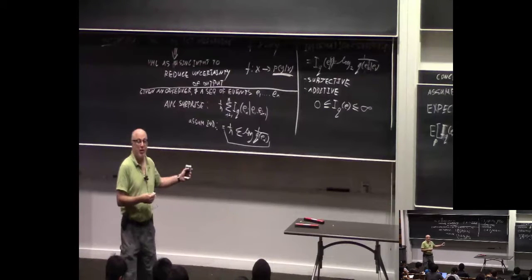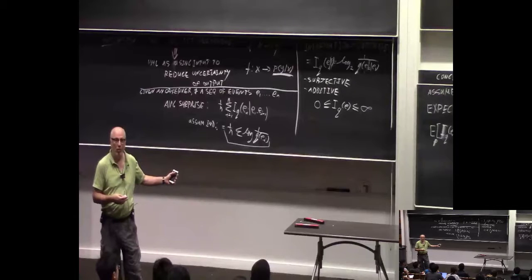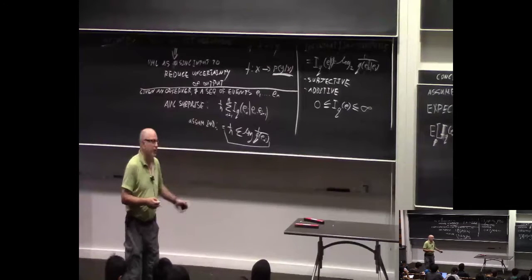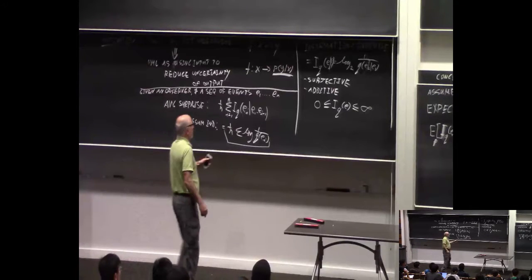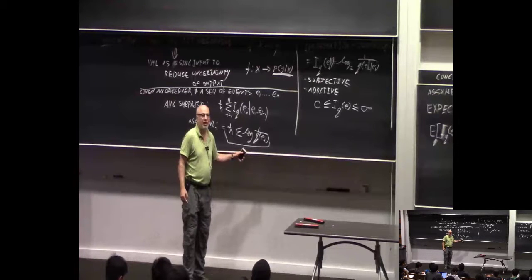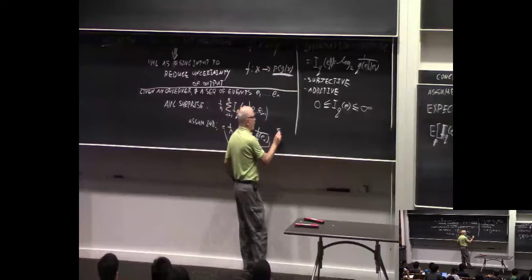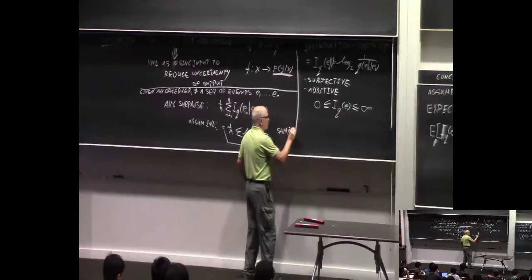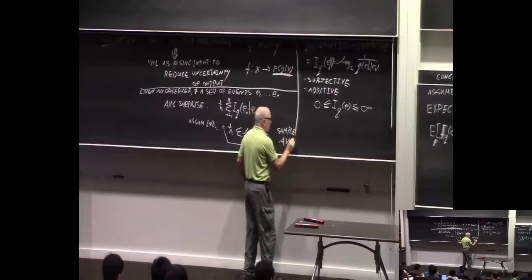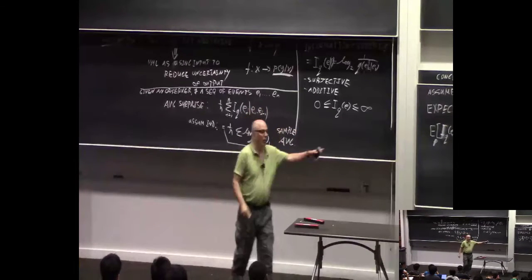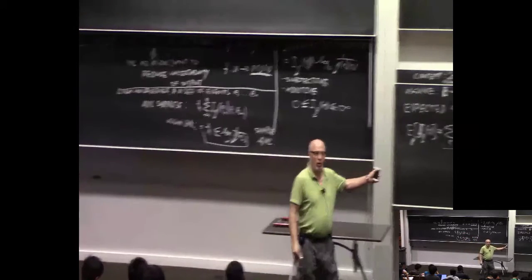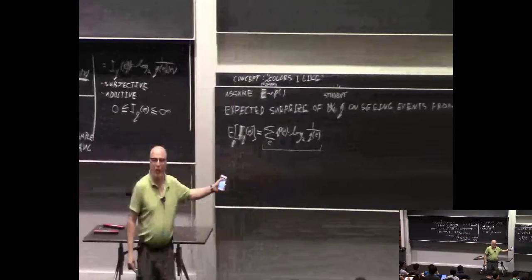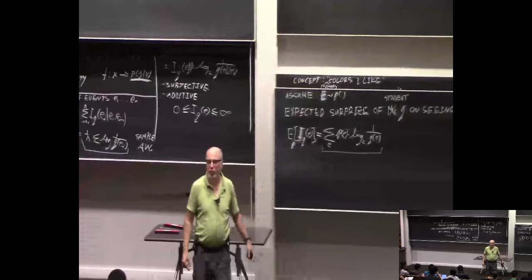Surprise with regard to the same function Q. But the way they're combined is very different. Here it is based on a sample, and it's the sample average. Here, they are based on a theoretical distribution, and they are weighed by the distribution.